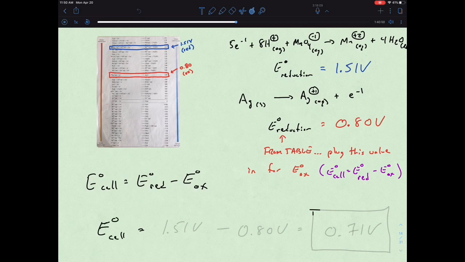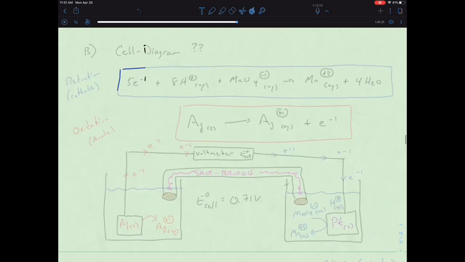And so our cell potential would be equal to the 1.51 volts minus the 0.80 volts, and we end up with a potential of 0.71 volts for this particular battery, this particular electrochemical cell. For step B, now we're looking at that cell diagram representation.